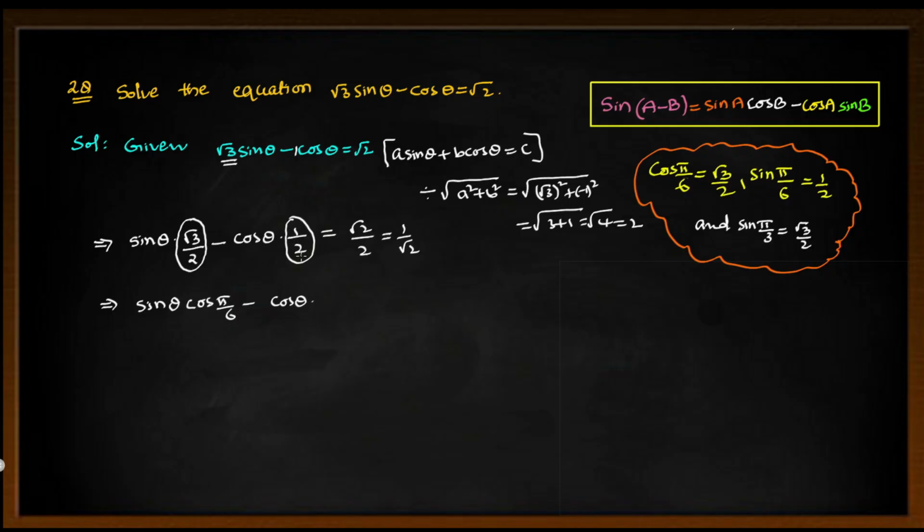Now 1 by 2 in terms of sin, we know that sin pi by 6 is 1 by 2. So in the place of 1 by 2 we can write sin pi by 6, and in the place of 1 by root 2, 1 by root 2 means sin 45, that is, pi by 4.